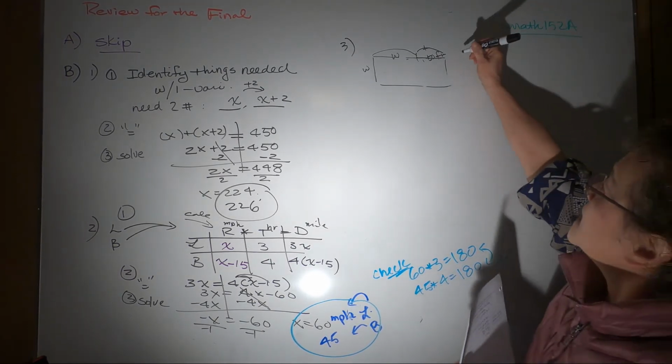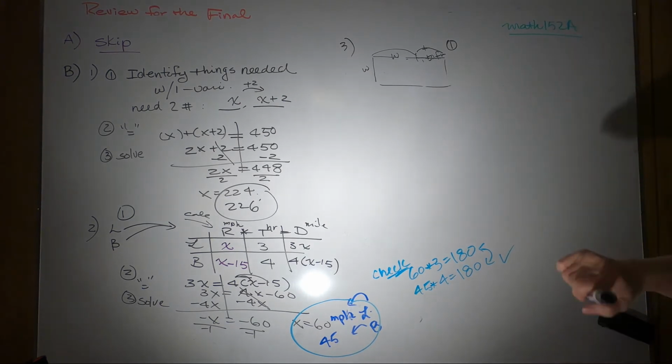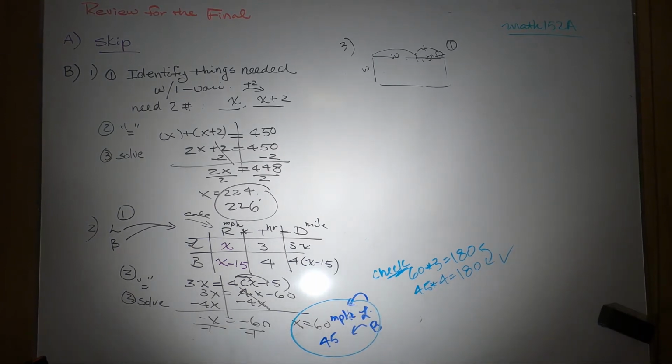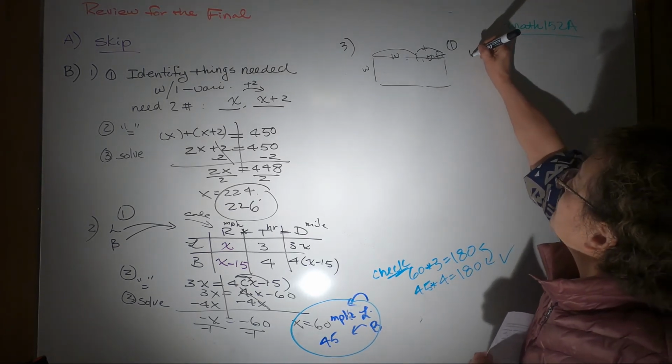So for the first step, we say identify things we needed, with one variable. It says if the perimeter is 500 feet, then what are the length and width? So we need both width and length, right?